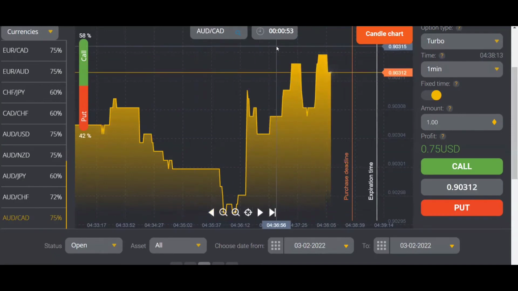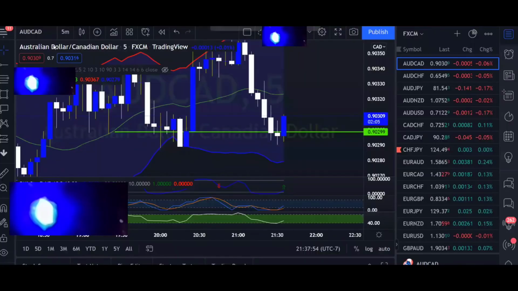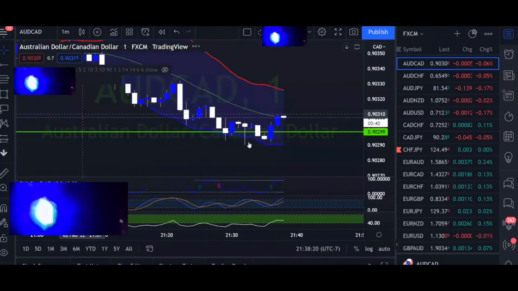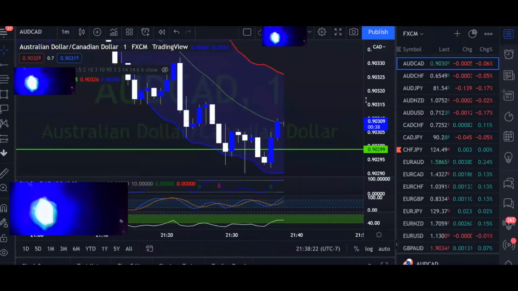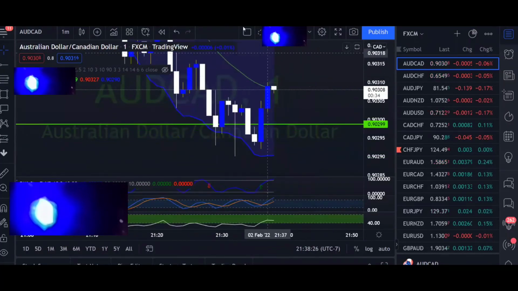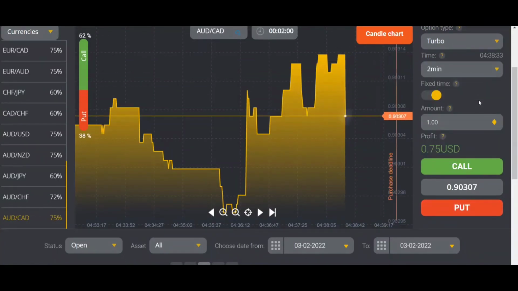Let me just check this chart real quick for an example. I believe price can go down in 2 minutes. Oof, too late.